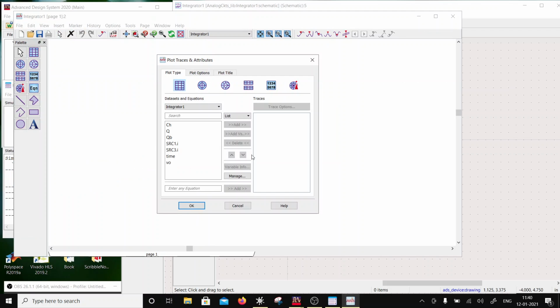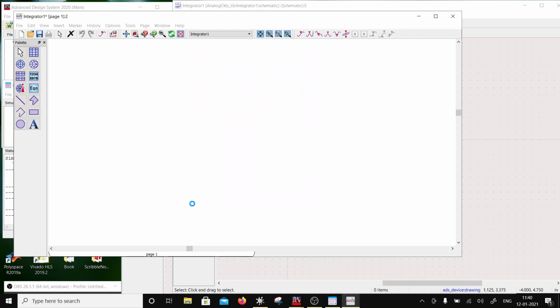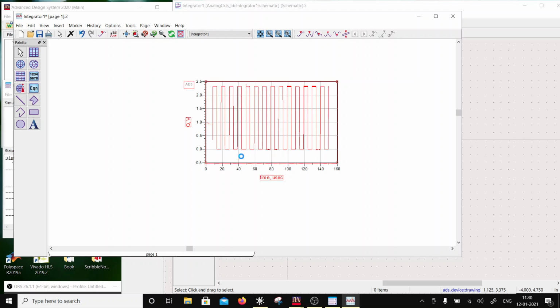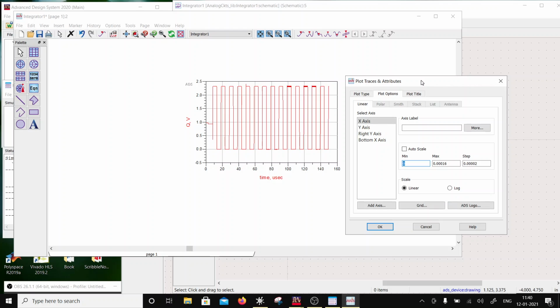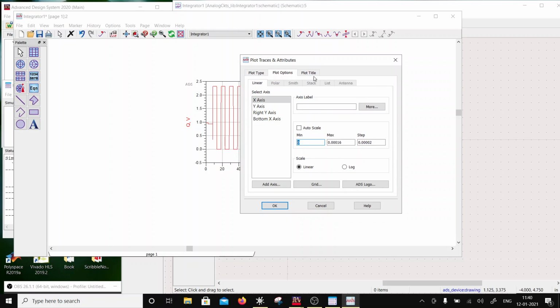I'm going to first plot Q to be sure what it is. That's Q. I'm going to forget about the first 10 or 20 nanoseconds, so I'm going to go from 10e minus 9 to 150e minus 9, in steps of 10e minus 9.